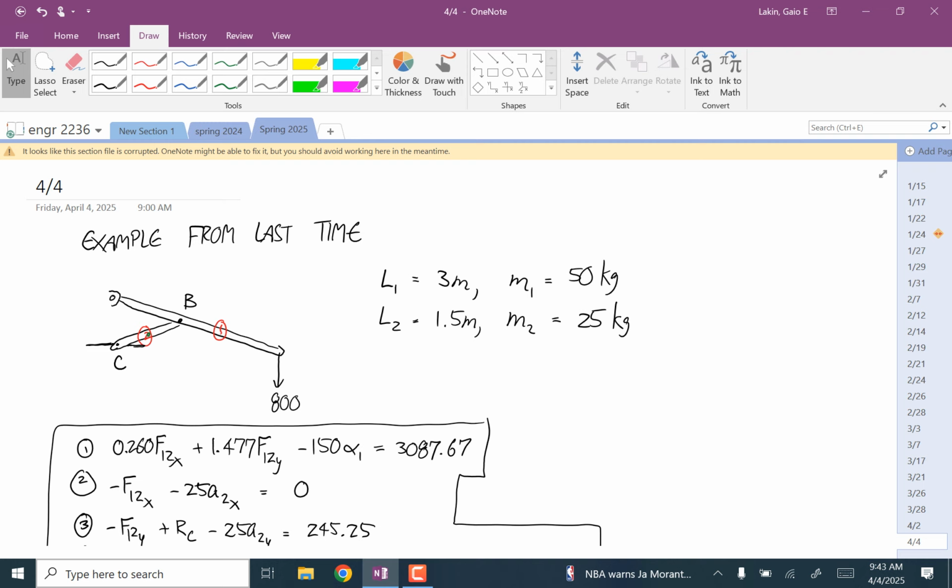And so what I'm doing now is saying, if we're told that member one has a clockwise angular velocity of 5 radians per second, how do we figure out what the angular velocity of member two is? Because it's totally defined by what this is, just the way that system works.